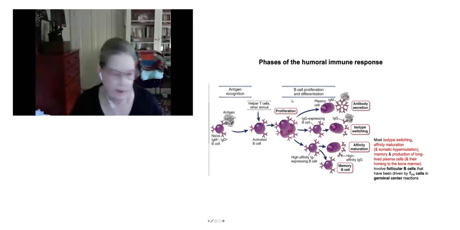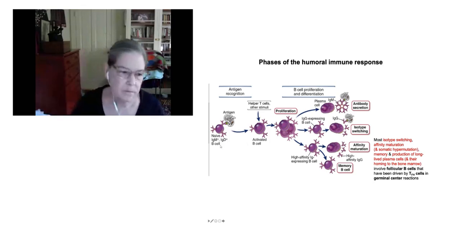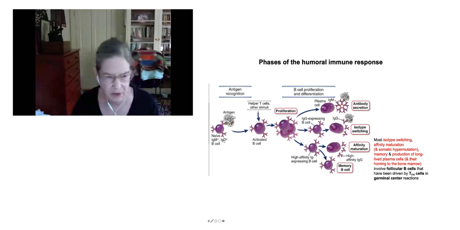Okay, so in terms of the humoral response then, we have naive B cells, again, that always have IgM and IgD on their surface, and they're going to meet with antigen in the follicle. And the antigen is actually going to be presented by the follicular dendritic cell that's inside the follicle, and that is going to then, with helper cells and other antigen stimulation, become an activated B cell.